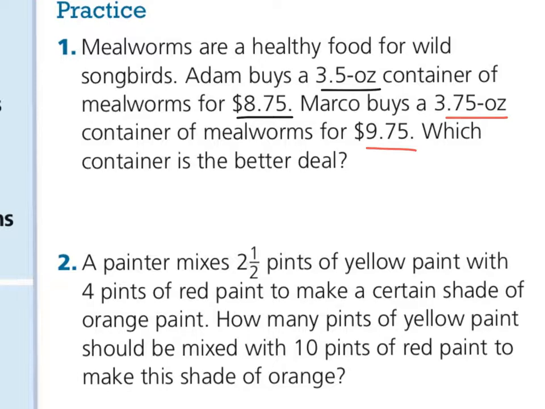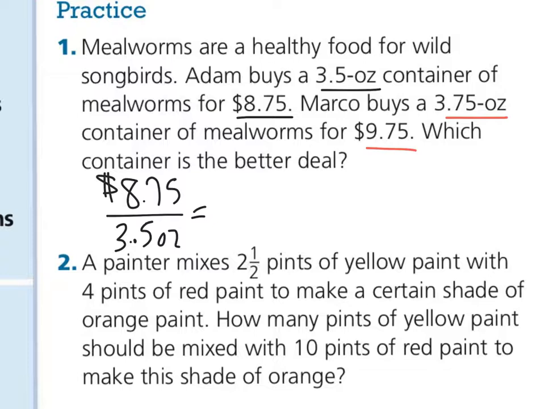Anytime there's money involved, we're generally going to want to take the money divided by the other thing. So $8.75 divided by 3.5 ounces would tell us how much it costs per ounce.